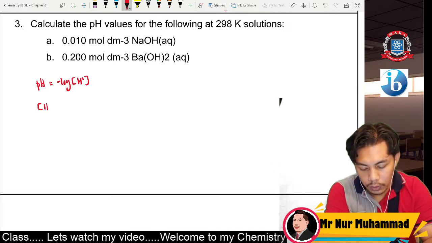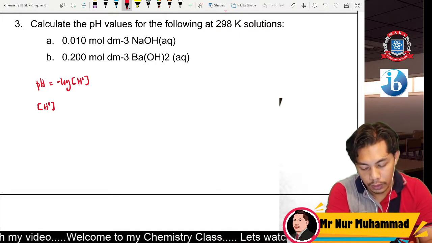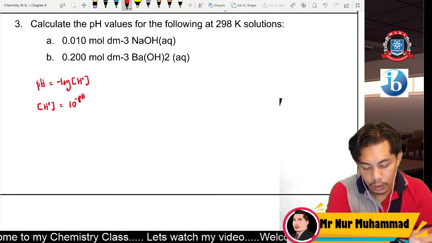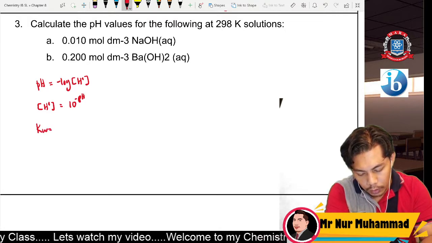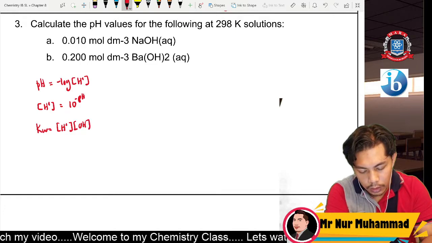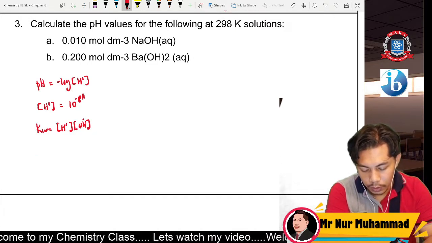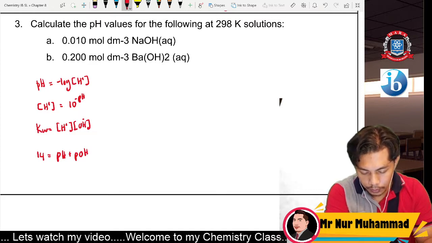If we have the pH, we can calculate the concentration of hydrogen ion. This is the second formula. The third formula is Kw equal to concentration of hydrogen ion times concentration of hydroxide ion. Another formula: 14 is equal to pH plus pOH.